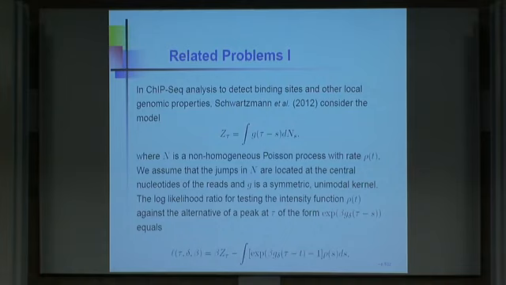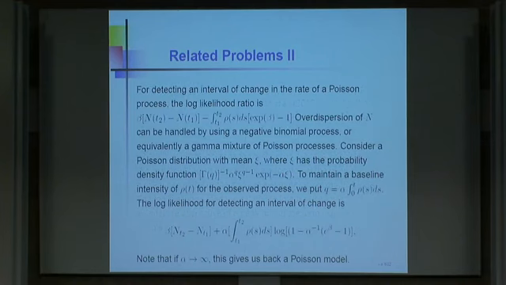So there's one related problem which we can deal with. Another one is that depending on the care with which the data are taken, the Poisson process, or what we hope would be the Poisson process, is often over-dispersed. And a standard way of approaching this is a negative binomial process.